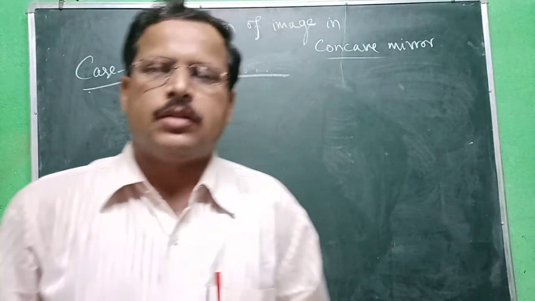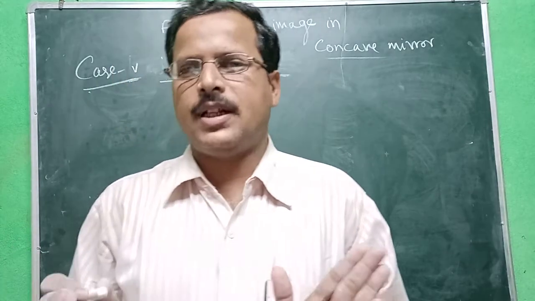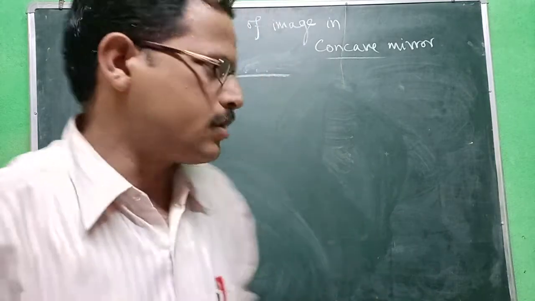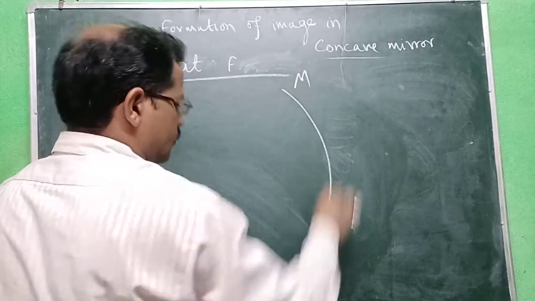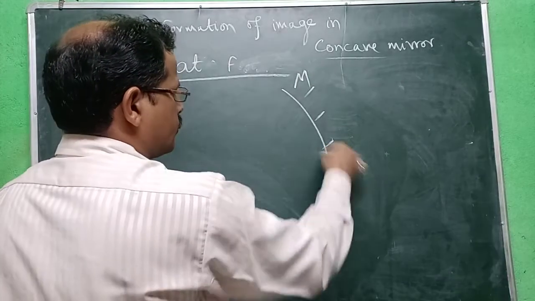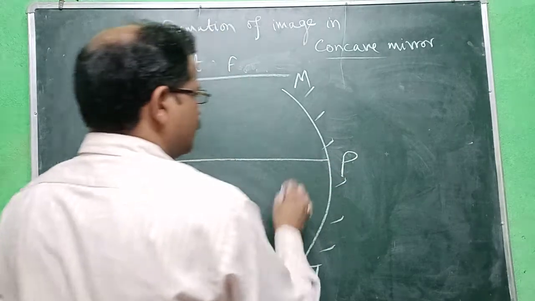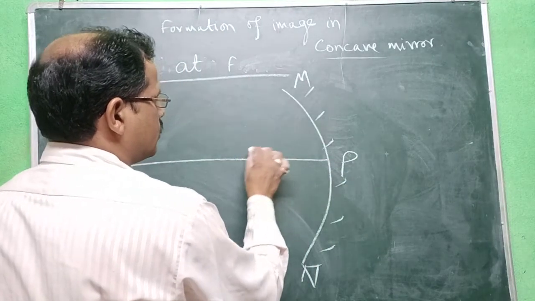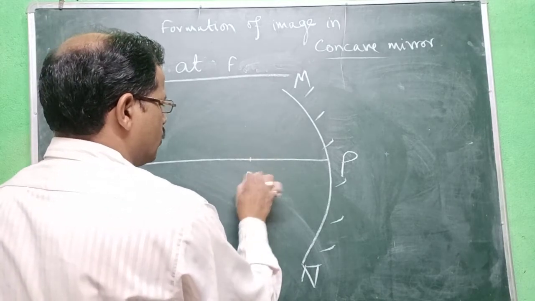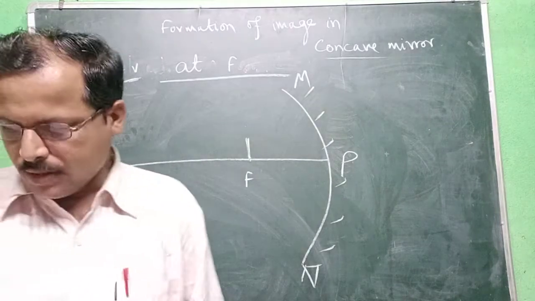Now take the position of the object at F, that means on the principal focus. This is the pole, so the object is at F. Suppose this is the principal focus and the object is at F. So what happens?